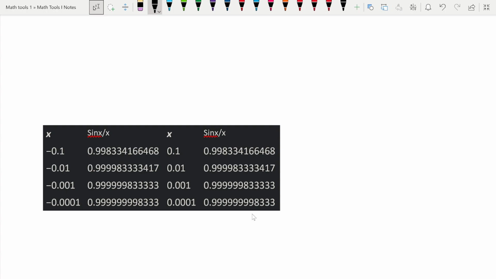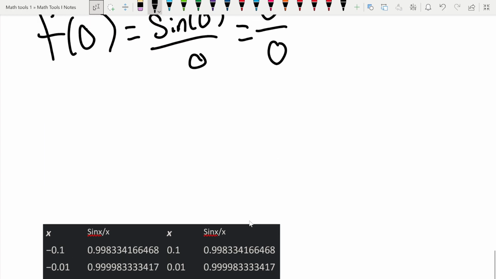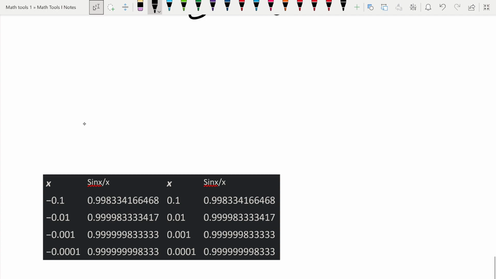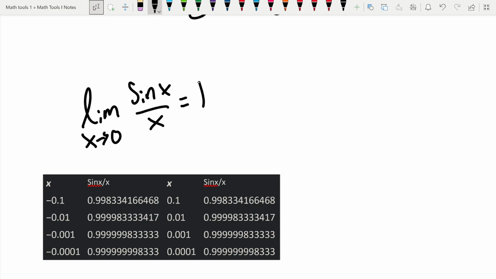Both the graph and the table help to confirm our suspicions that it's going to 1. This is how we would approach solving this limit. So based on this information, we say the limit as x approaches 0 of sine of x over x equals 1.